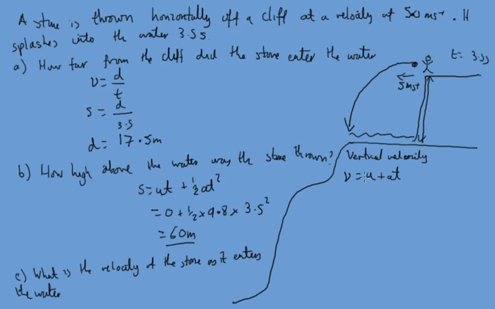So remember, we have to calculate the velocity when it hits the water. It's got a vertical velocity and it's got a horizontal velocity, and we need to calculate each component of velocity separately. So in the vertical, its initial velocity is 0 plus 9.8 times t, which we know is 3.5. So the vertical velocity as it hits the water is going to be 34.3 meters per second.